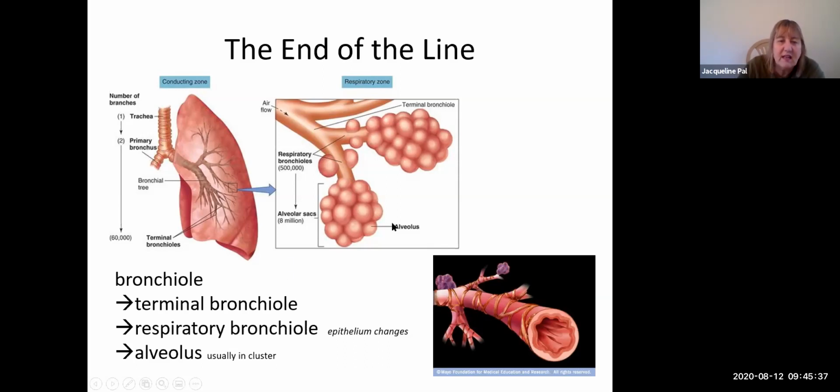So the airway that leads to the bunch of grapes is known as a respiratory bronchiole. And then the one right before the respiratory bronchiole is called the terminal bronchiole. So after you say bronchiole a bunch of times, then you're going to say terminal bronchiole, respiratory bronchiole, and alveolus.